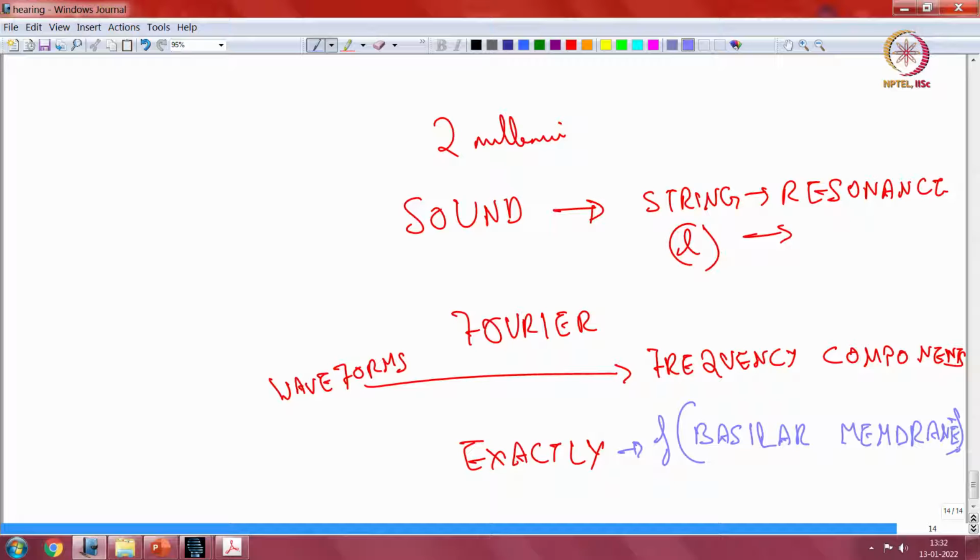So, complex sound with multitudes of frequencies is split into its component frequencies across the basilar membrane, starting from the apex to the base, and it is on a graded scale.